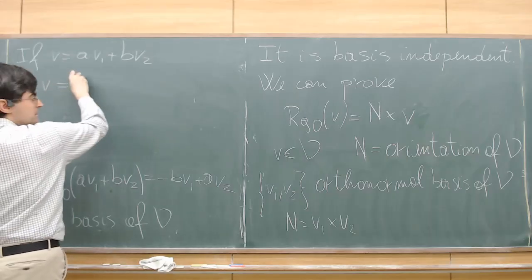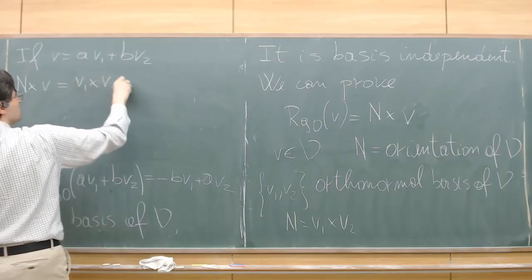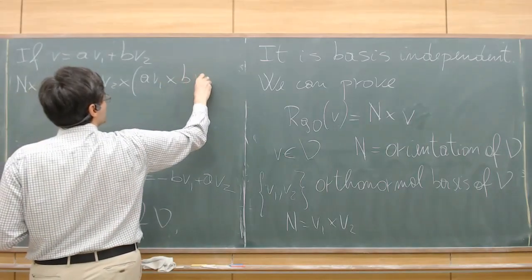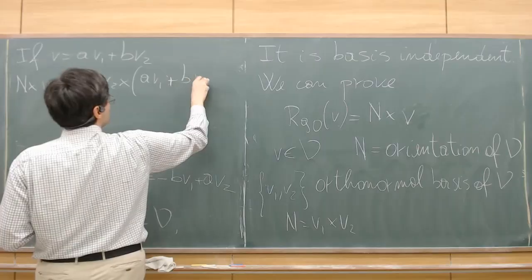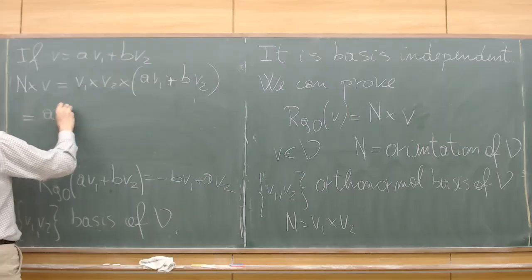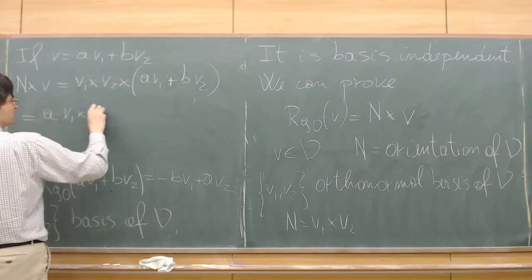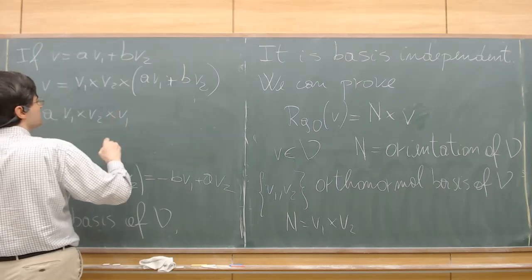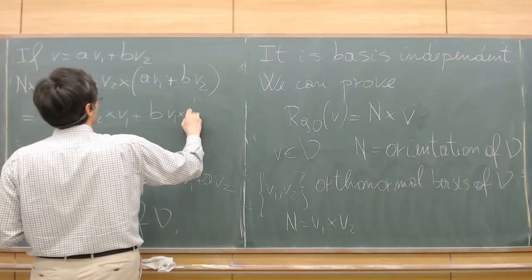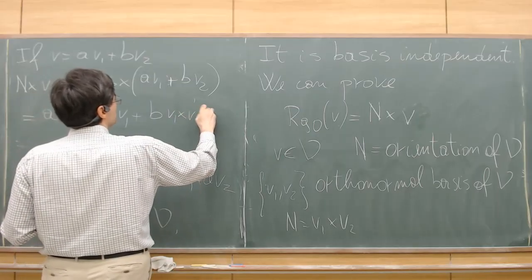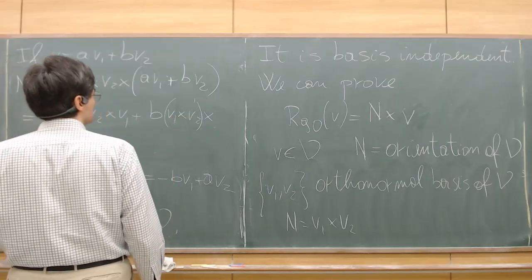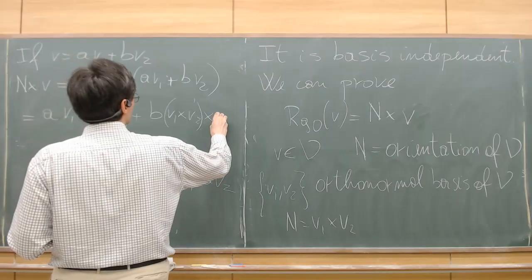This is V1 cross product V2 cross product a V1 plus b V2.